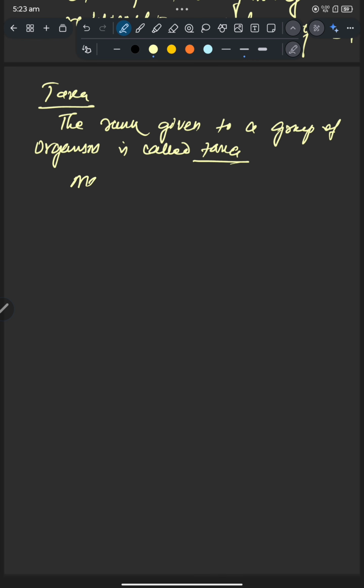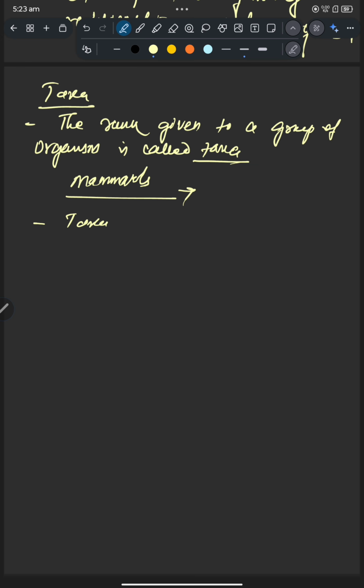Suppose we have taken mammals. Mammals means a group of organisms which produces milk. This mammal is a taxa, or you can say a taxonomic group. So what are taxa?